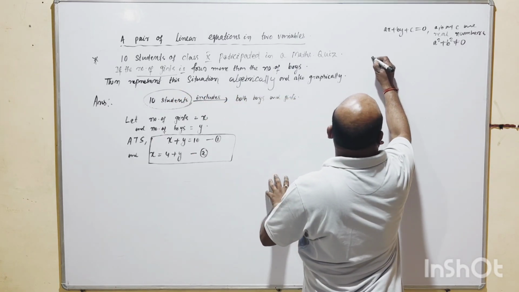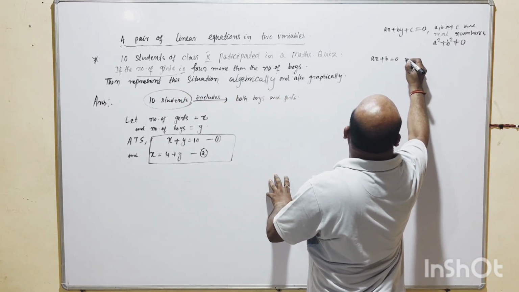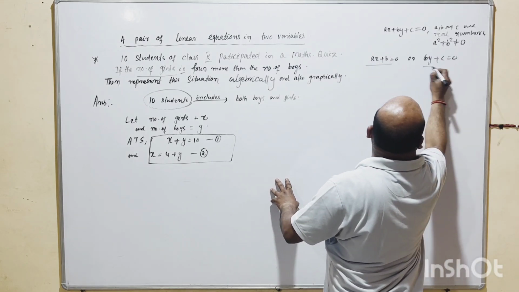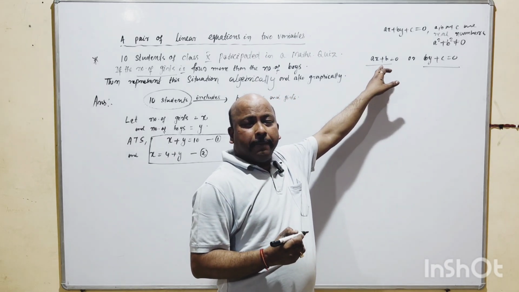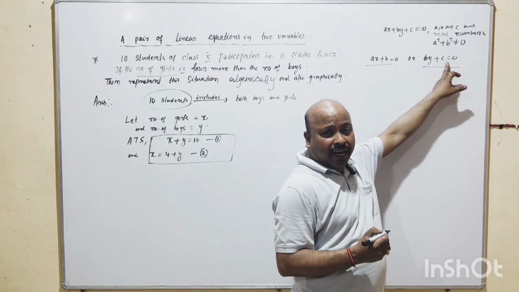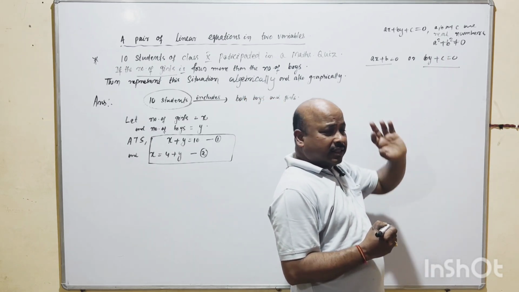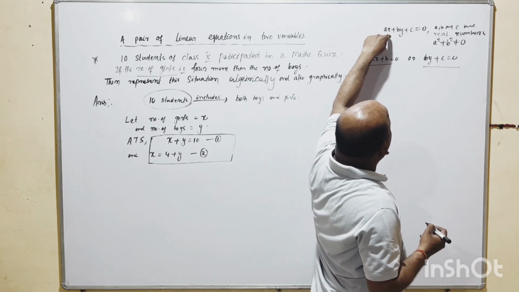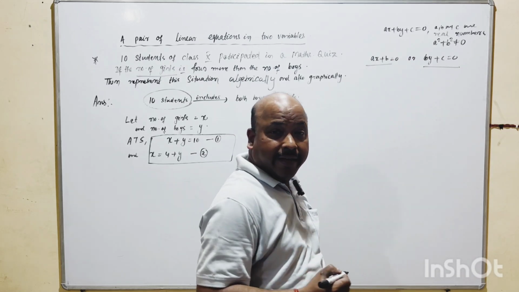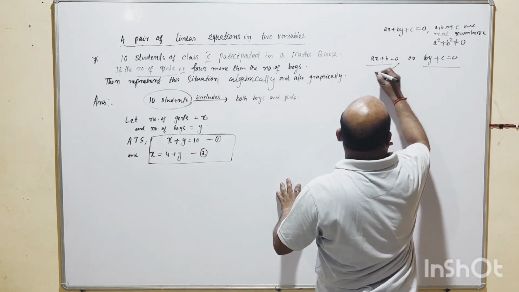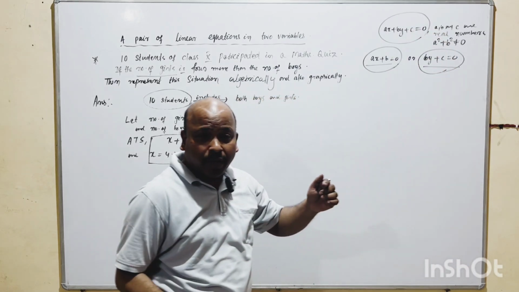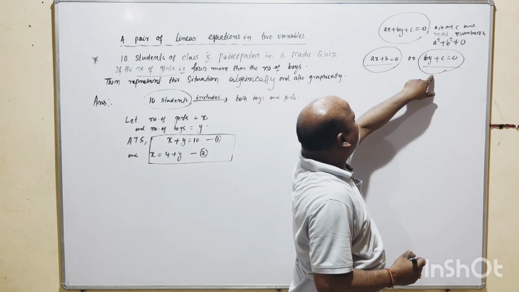But where ax plus b equal to 0, it is a straight line only parallel to the y-axis, and by plus c equal to 0 is parallel to the x-axis. Here, ax plus by plus c equal to 0 is a straight line that intersects both the axes, and it has infinitely many solutions because it is only one line.